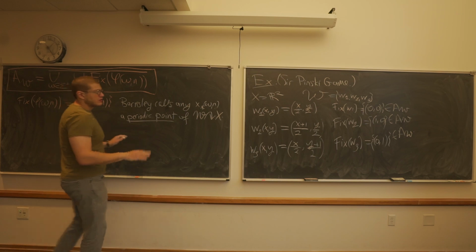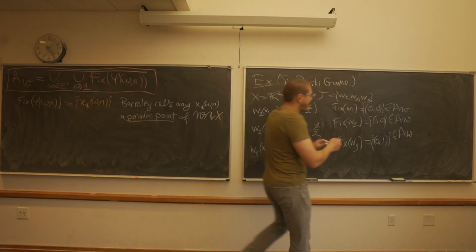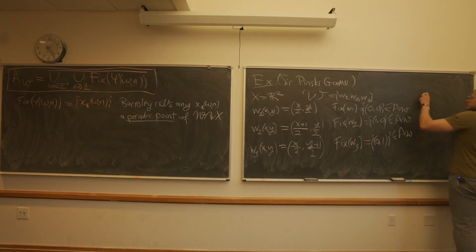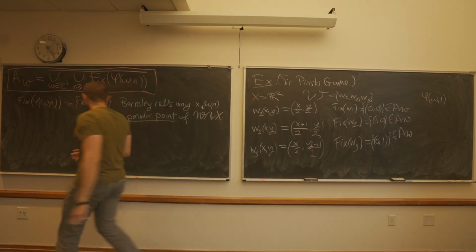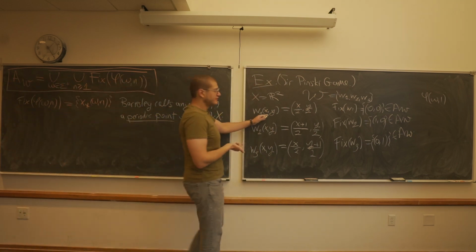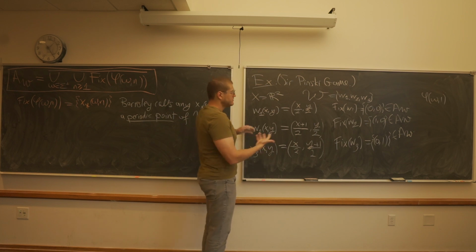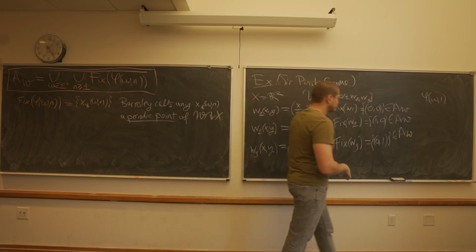Because you see, so far, I've only looked at the cocycle at time 1. But in this union, you have to take an arbitrary time, which means that not only do you need to look at the fixed points of these 3 functions, but for instance, you need to look at the fixed point of W1 composed with W2. That's going to give you possibly a different fixed point, and so on.